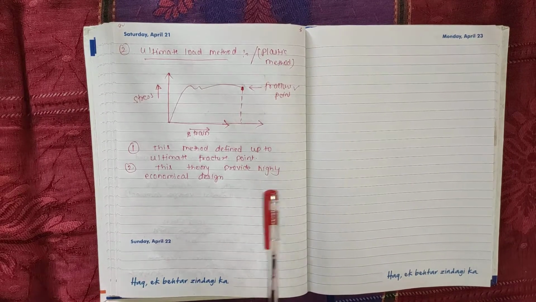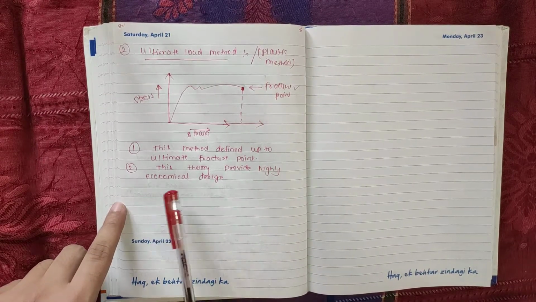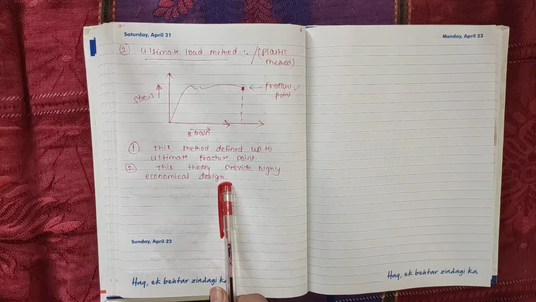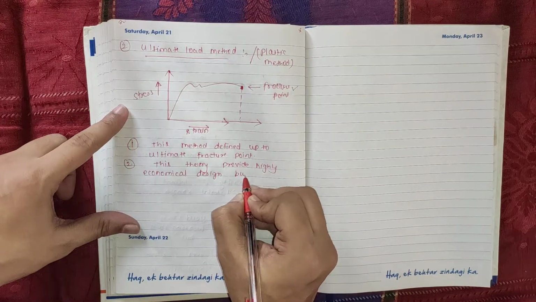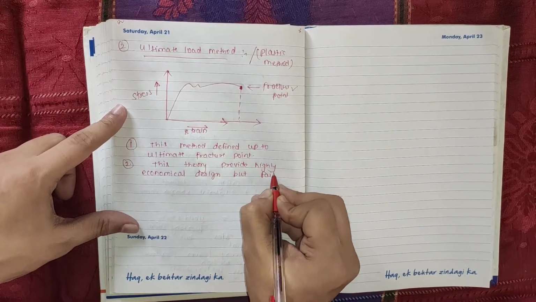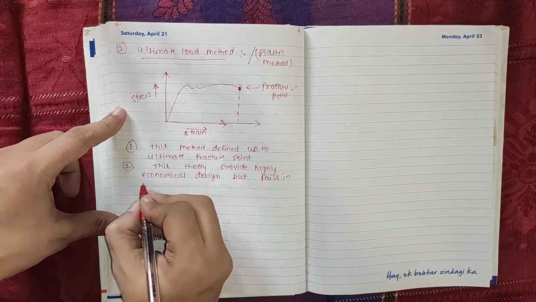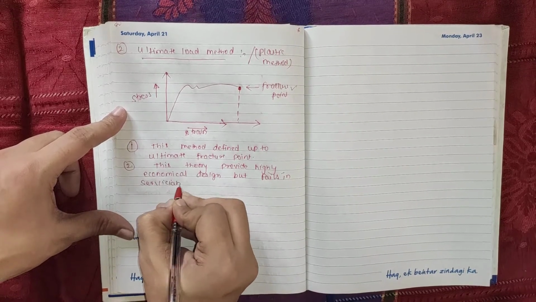If this theory provides a highly economical design, it means this theory is better than the working stress method because it gives an economical design. But the problem is what? It fails in serviceability criteria.